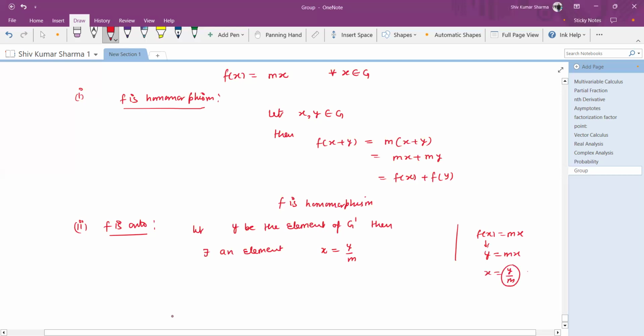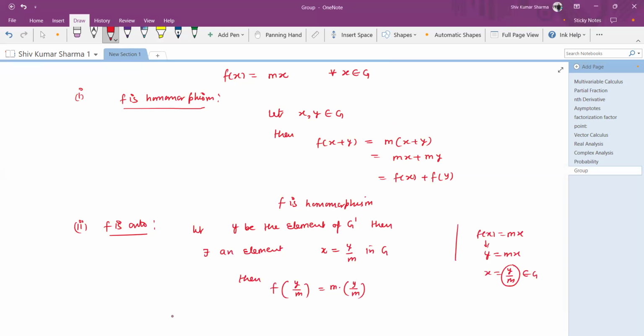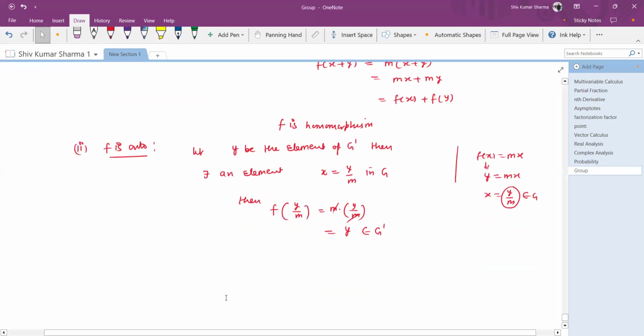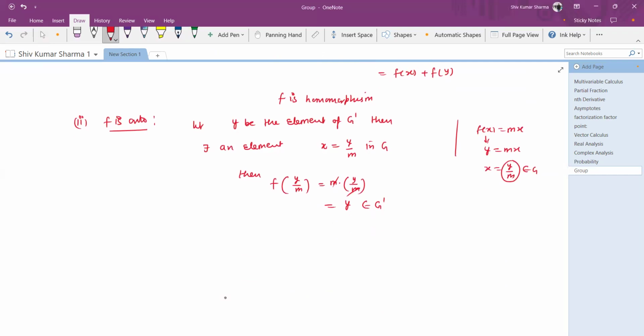This y upon m is an element of G. So f of y upon m equals m times y upon m, and m and m cancel, giving y, which is obviously a member of G dash. That means the function is onto. Here we can say that m is not equal to 0.